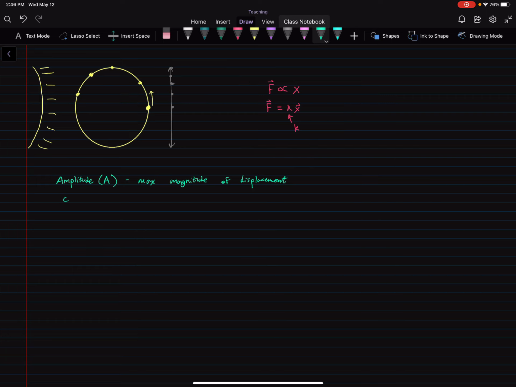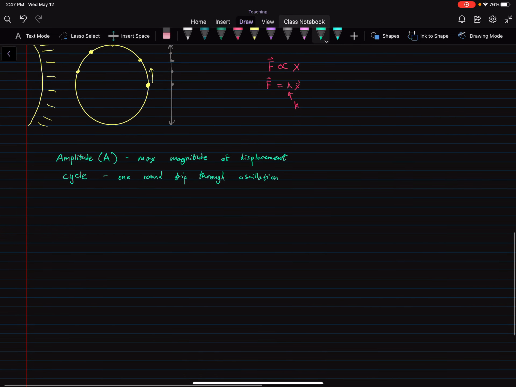We'll sometimes use the word cycle, and that's just what it sounds like. You're probably familiar with that. Just one trip around the unit circle, or one trip through a linear oscillation. So one round trip through oscillation. So you start at a starting position, go through one full vibration, and you end up back where you started.